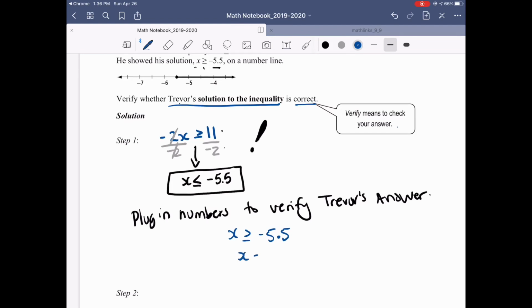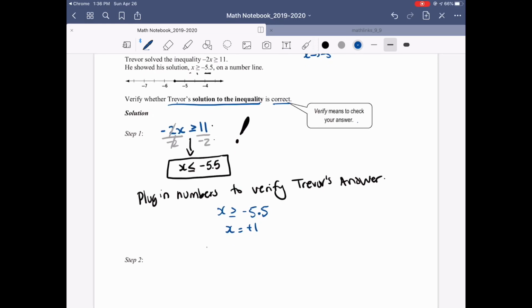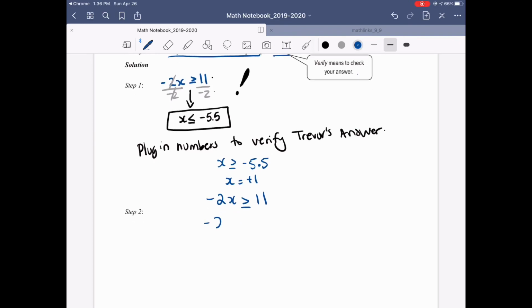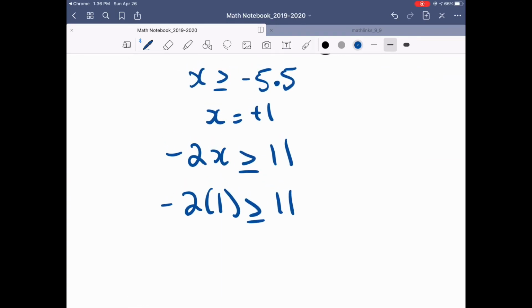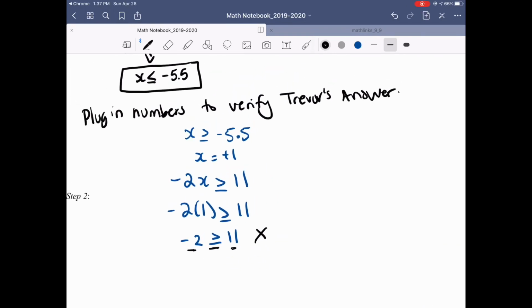So let's say x is positive 1 and I plug it into my original inequality. So negative 2x is greater than or equal to 11. And if I plug in positive 1 here, does it satisfy the inequality? Well, negative 2 times 1 is negative 2. Is negative 2 greater than or equal to 11? No, it's not. So his answer can't be right.